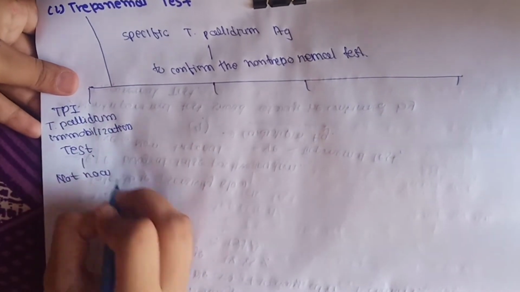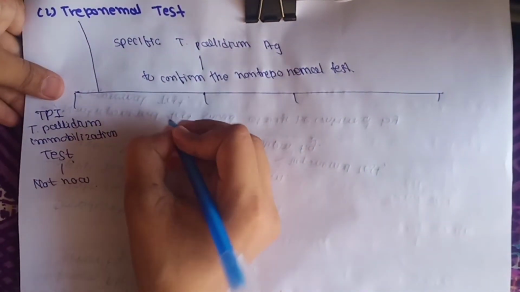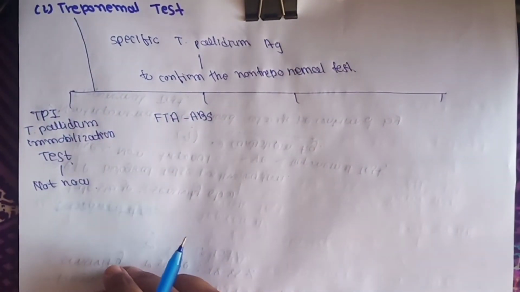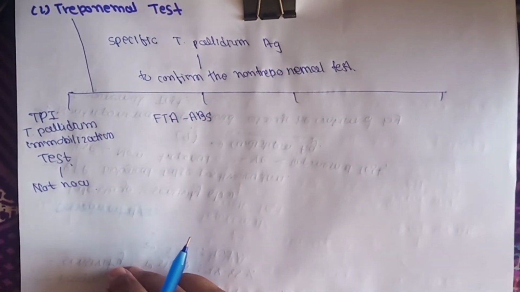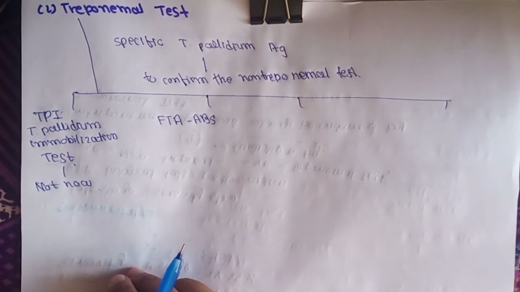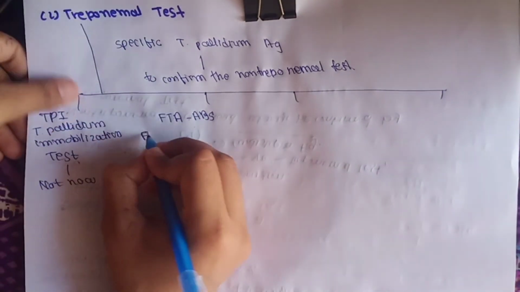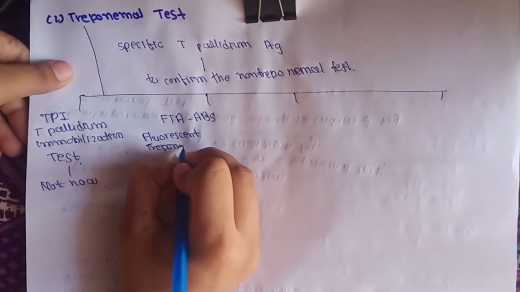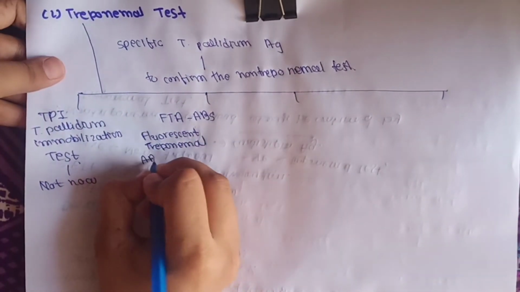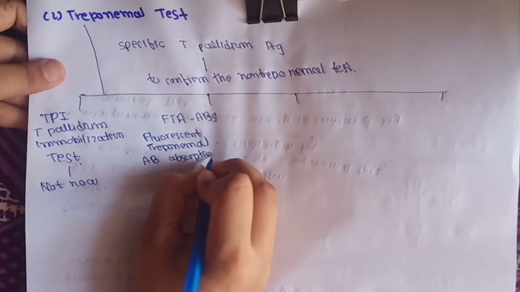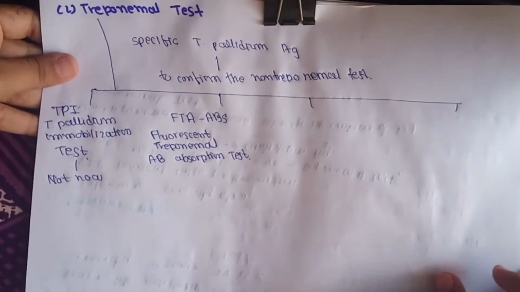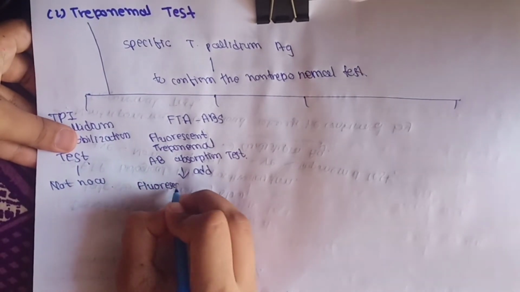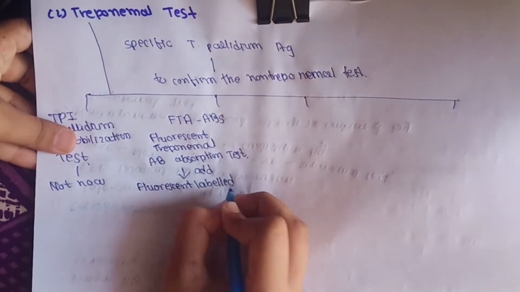Second is FTA-ABS, fluorescent treponemal antibody absorption test. In this, we add the fluorescent anti-human immunoglobulin.